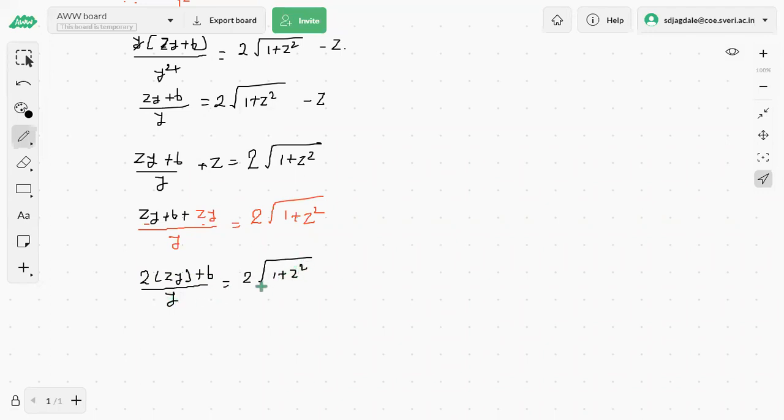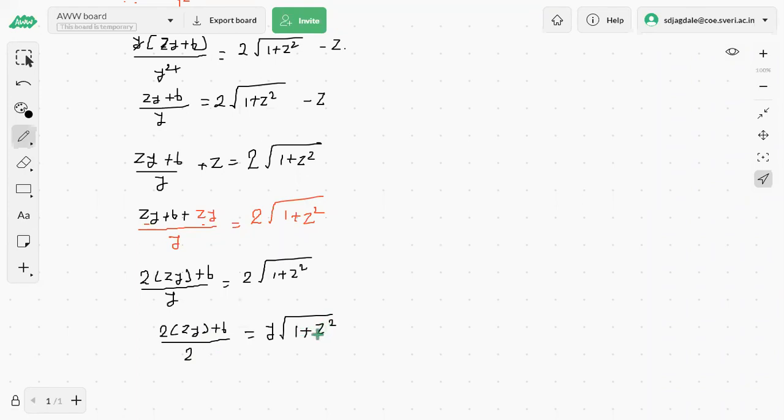Okay, now just to rearrange the terms, that is y and this 2, we get the relationship here: 2 into zy plus b, upon this 2, is equals to y into root of 1 plus z square.